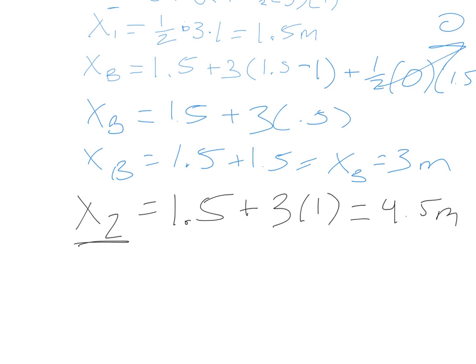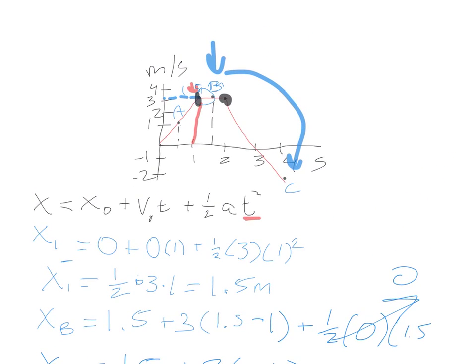And so I know that the position, because don't forget, this graph right here is just velocity, but I know that the position of the car at this point right here is 4.5 meters, which is going to be my initial position I'm going to use to figure out C.